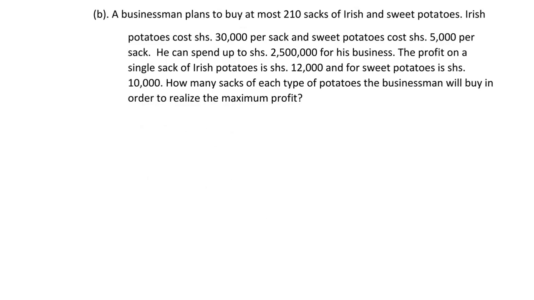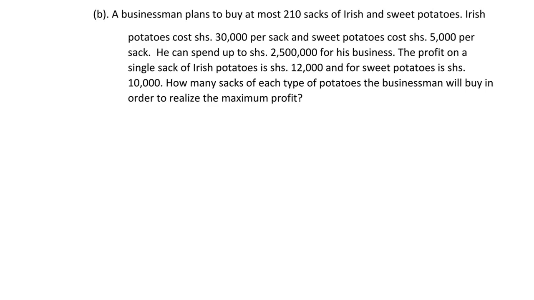Part B, a businessman plans to buy at most 210 sacks of Irish and sweet potatoes. Irish potatoes cost shillings 30,000 per sack, and sweet potatoes cost shillings 5,000 per sack.